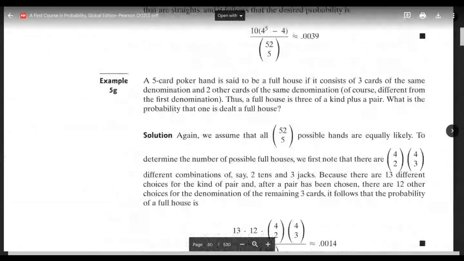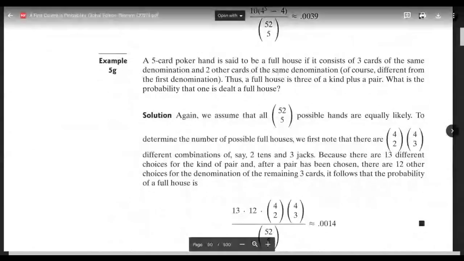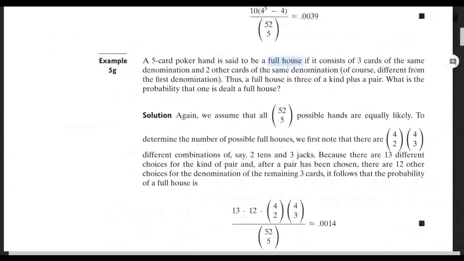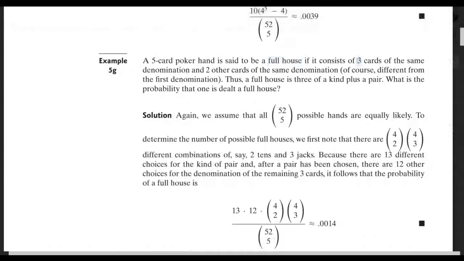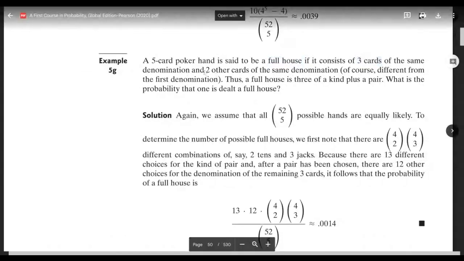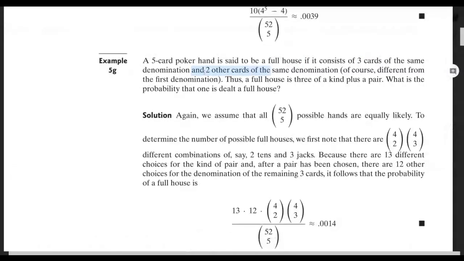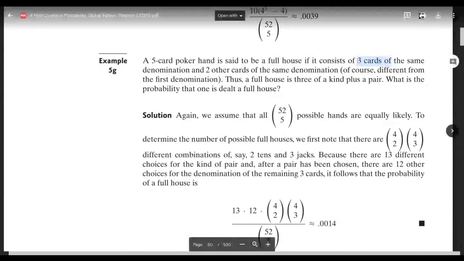Let's see this example. A 5-card poker hand is said to be a full house if it consists of 3 cards of the same denomination and the 2 other cards of the same denomination, of course different from the first denomination.